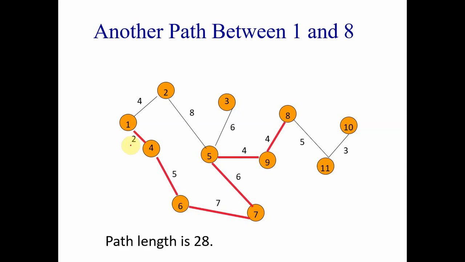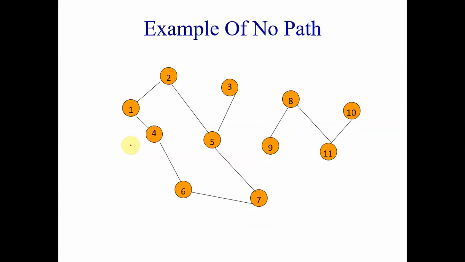And the path length is different; now it is 28. So it involves two different costs when you go from one place to another with different paths.